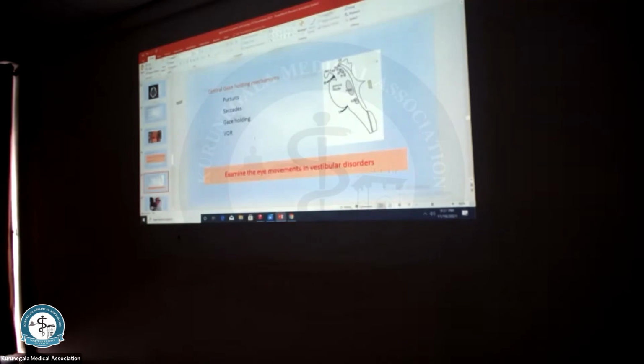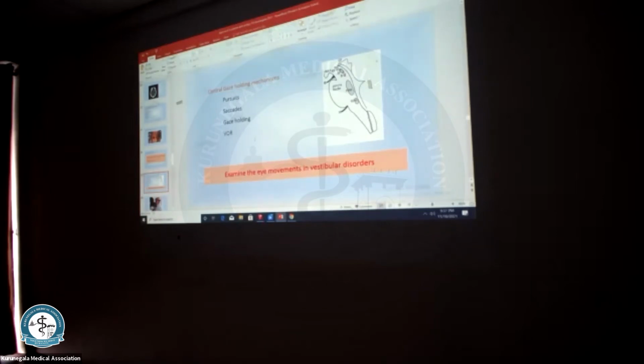So it is an important examination in a patient with isolated vertigo. Usually, if it is a vertical problem, the chances are it will be something wrong in the midbrain. If it is a horizontal problem, the chances are that it will be in the pons. So we can get to a fair clinical localization even at the bedside.